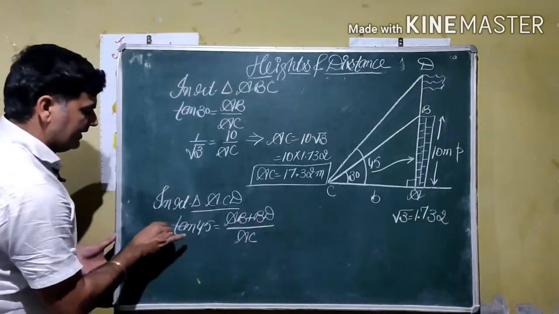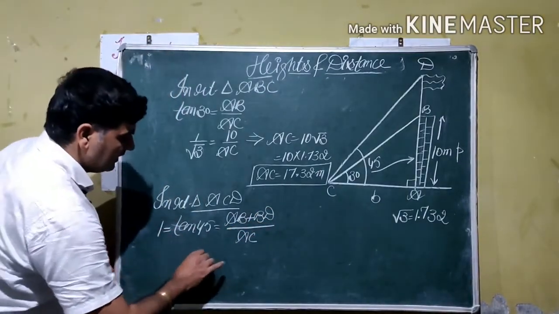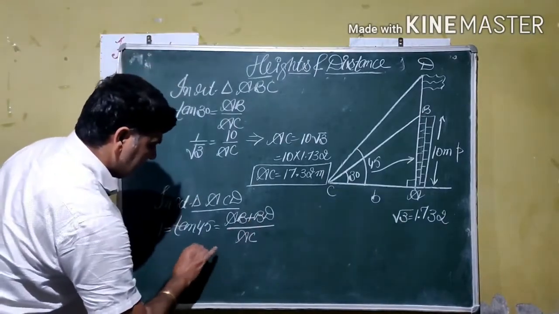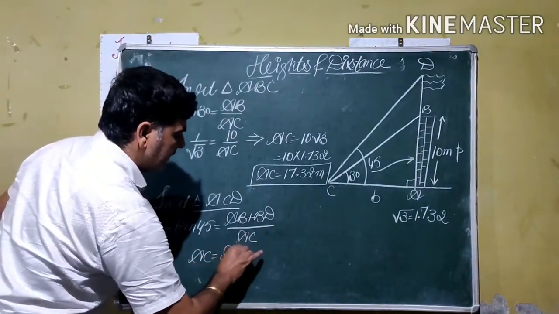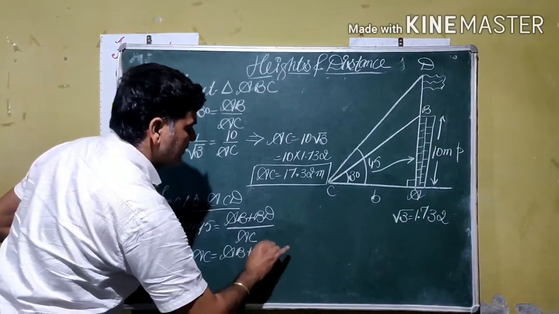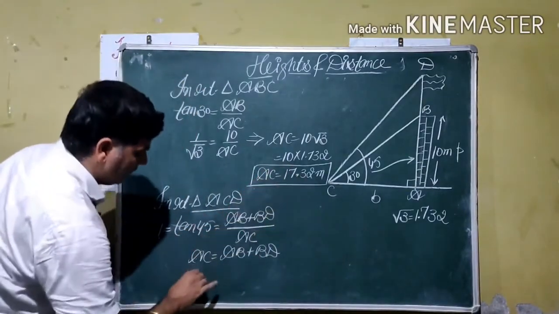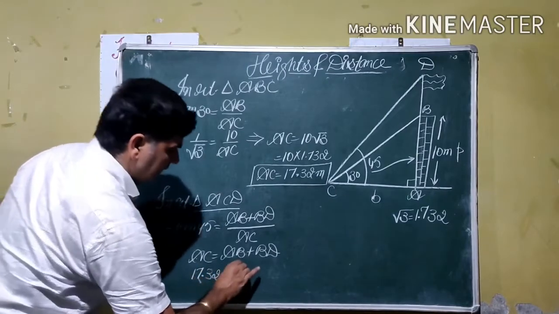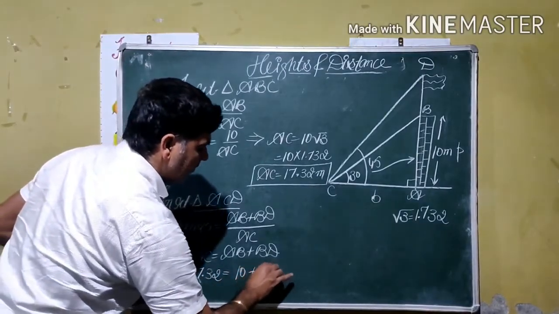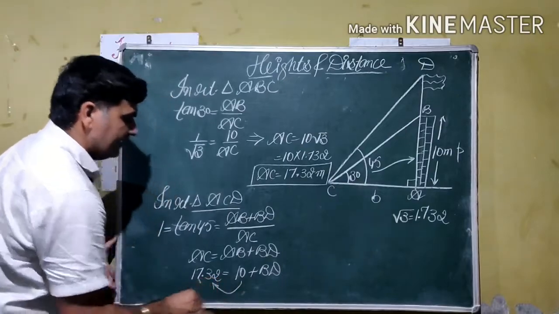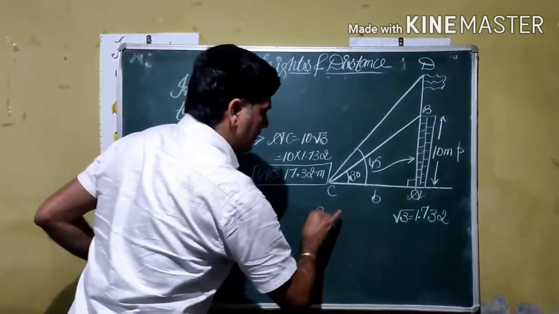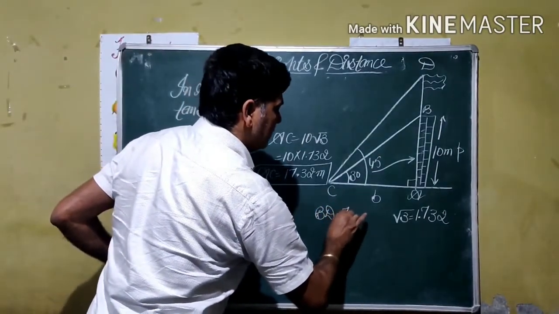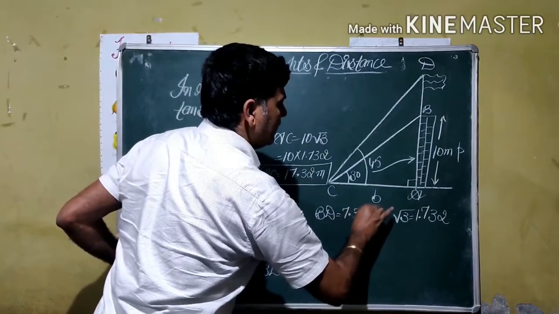Tangent 45, you know, is 1. So by cross multiplying, AC is equal to AB plus BD. Using the values, AC we have calculated as 17.32 meter, AB is already given as 10, plus BD. So by shifting this we subtract, and the value of BD becomes, after calculation, 7.32 meter.